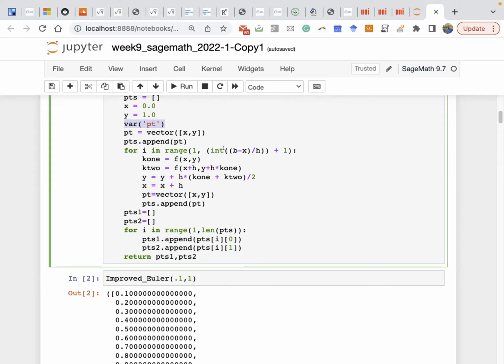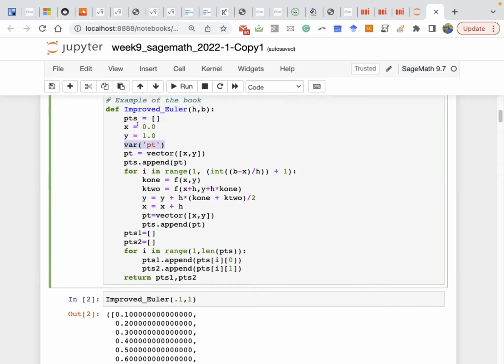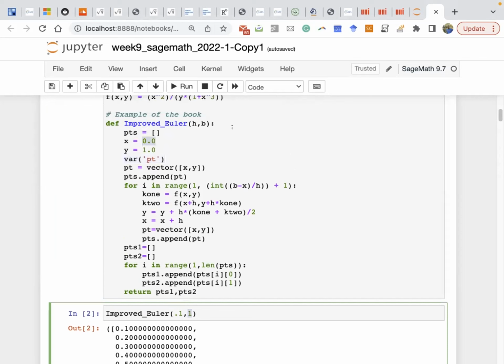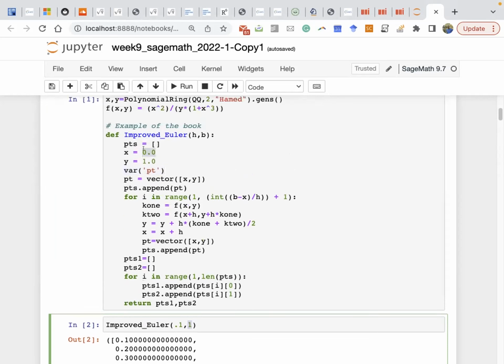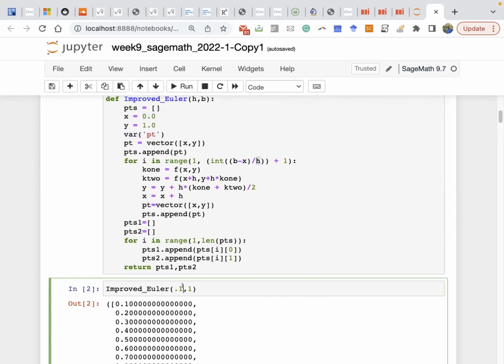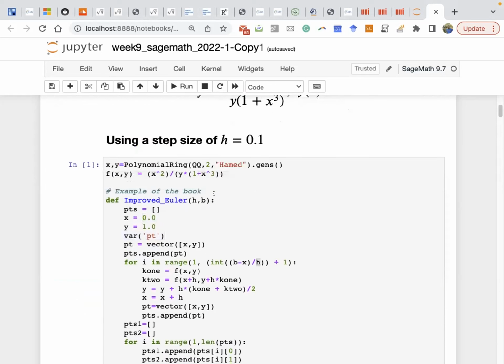So b minus x, what was x? 0. What is the destination? 1. So 1 minus 0 is 1, divided by h. What I choose for h is 1/10. So 1 divided by 1/10 will be 10.